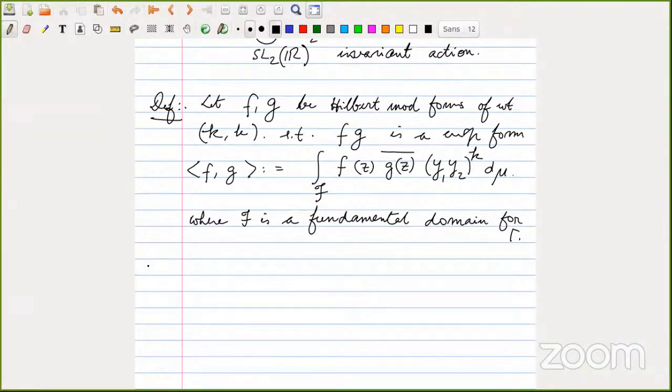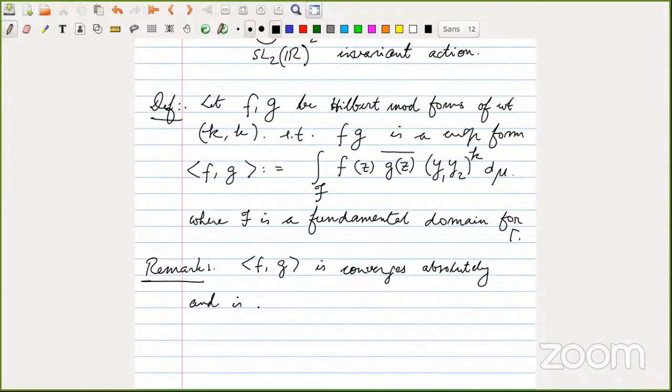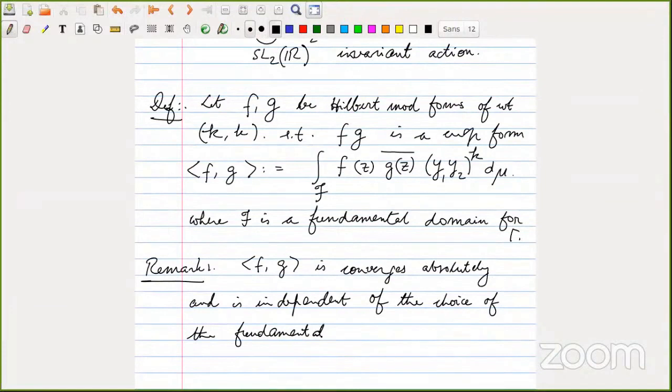So, remark: this integral converges absolutely and is independent of the choice of the fundamental domain.